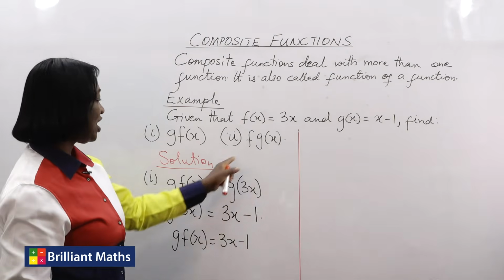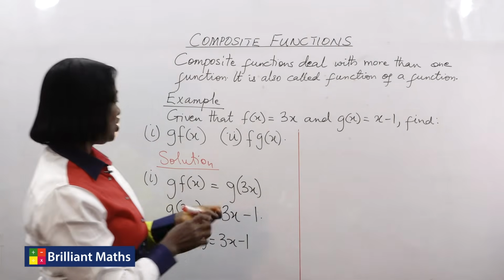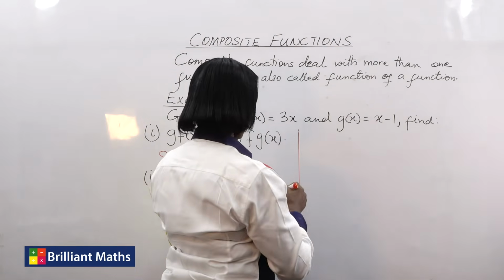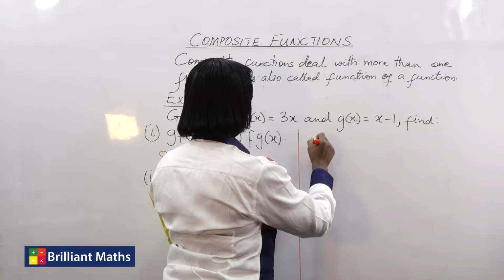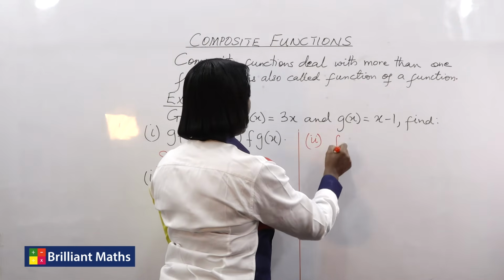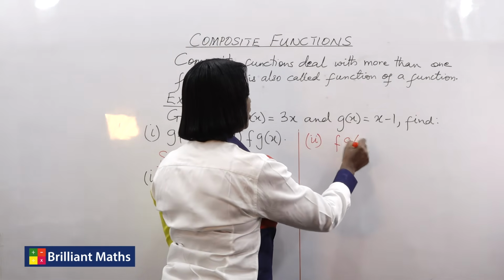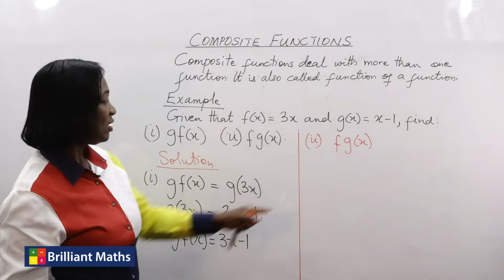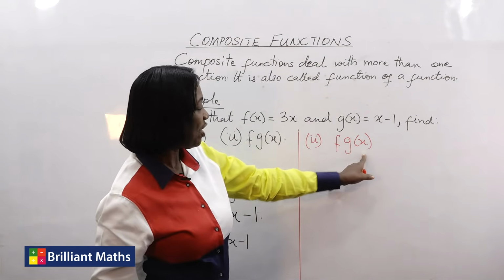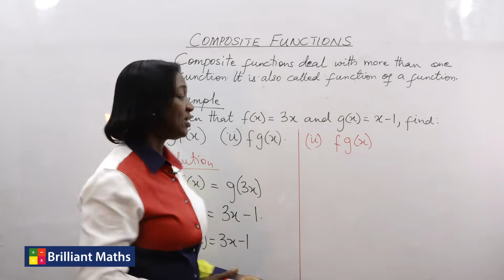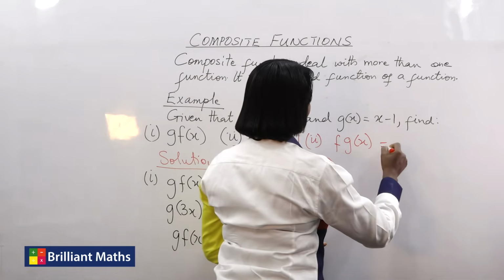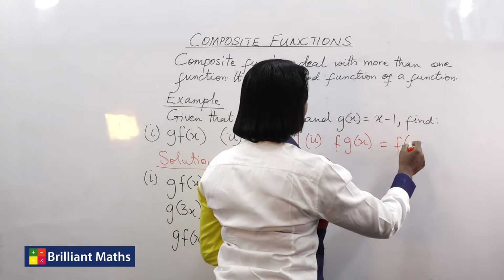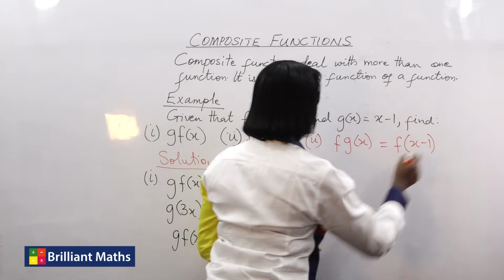So let's now see f g of x. f g of x. So in the same manner, we replace g of x with x minus 1 so that f can now act on it, x minus 1.